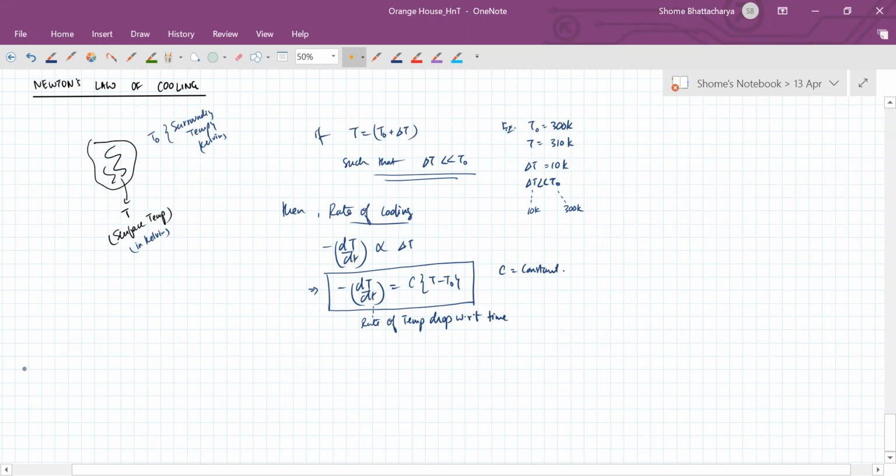So as a simple application, let us say that a body is placed in a surrounding of temperature T naught equal to 300 Kelvin.